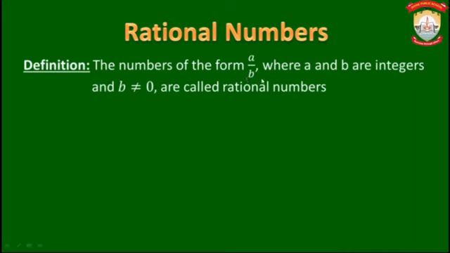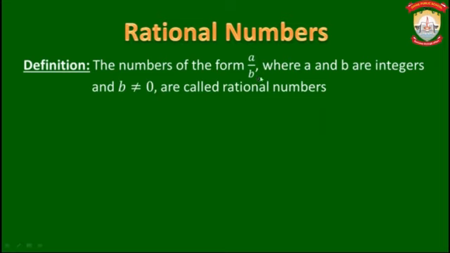Thus, from the definition of rational numbers, it is clear that any rational number must fulfill three conditions. The first condition is the number should be in the form of a upon b. This means that the number can be written or expressed in the form of a upon b.